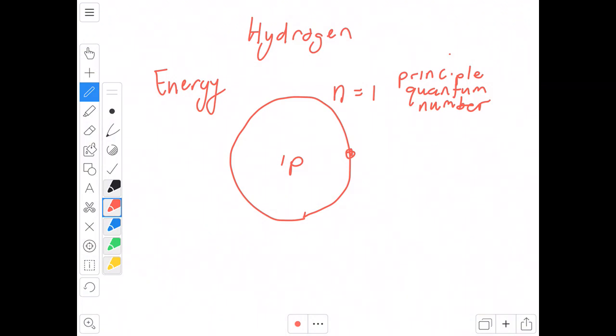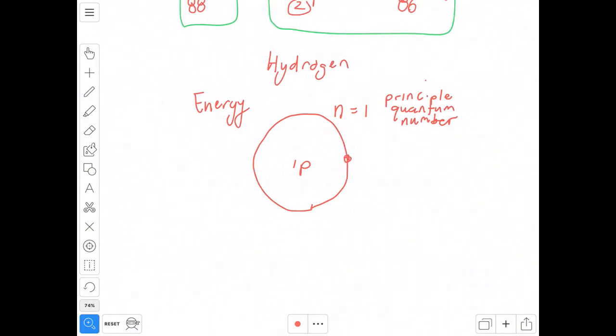You're seeing this electron as an orb rotating around another orb, right? And it has a certain speed, and that's based upon its distance. Remember Coulomb's law from yesterday? It's based on its distance and its charge. So, suffice it to say that this first orbit corresponds to a specific energy. So that's hydrogen.